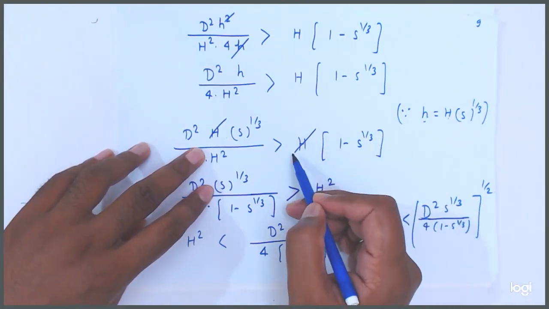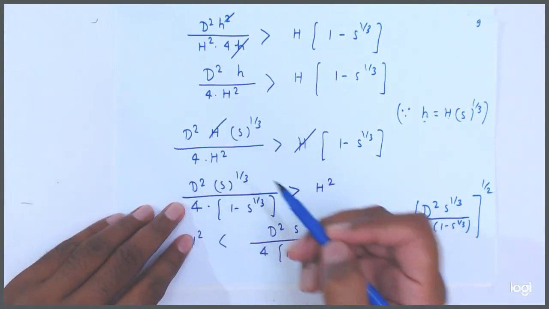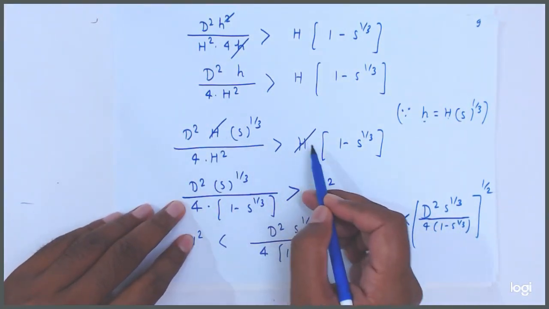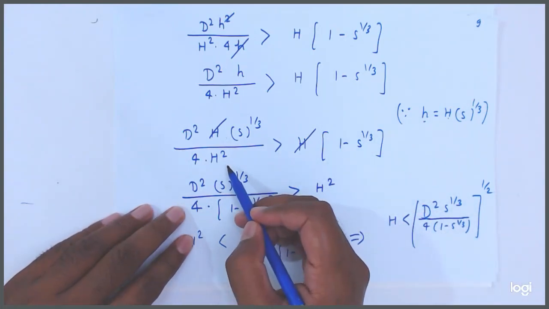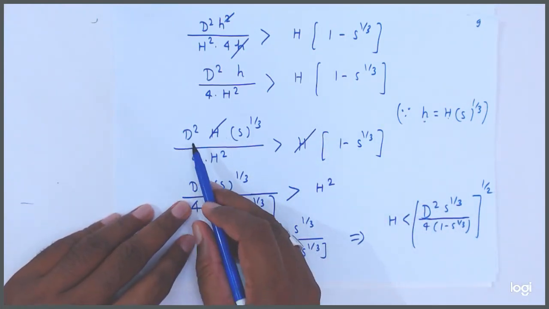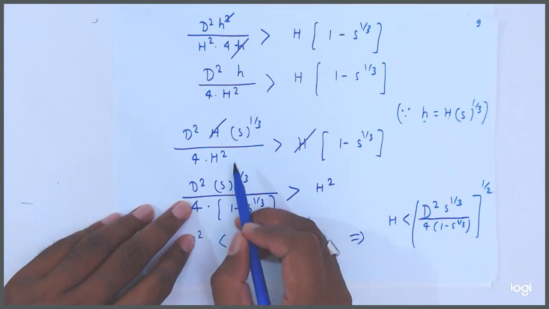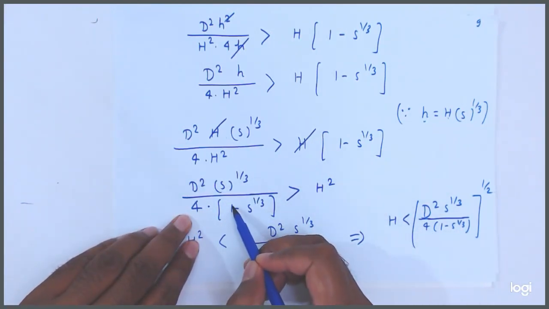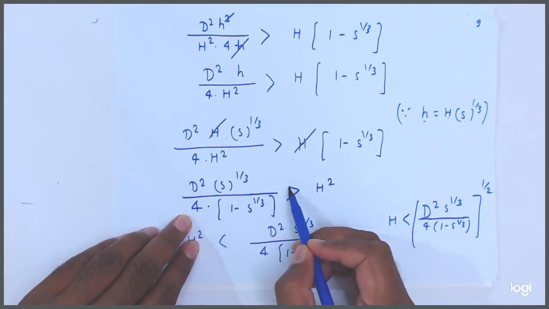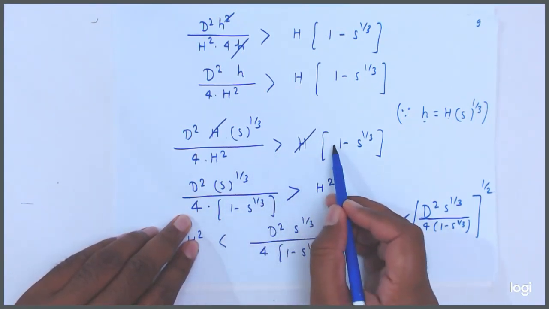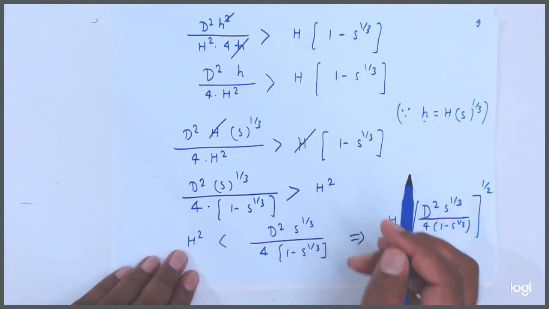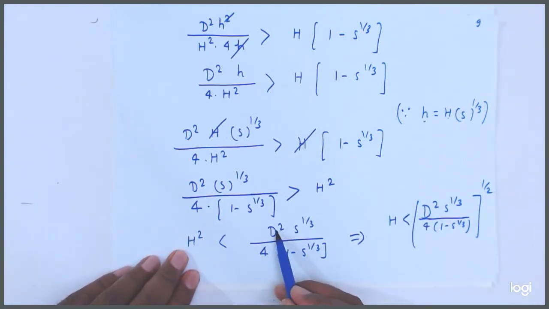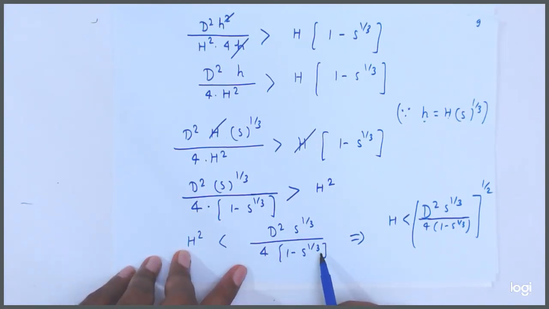Okay, so from here h to h cancel out. This term will go this side and this term will go this side. So what is left here, friends? D square, s to the power 1 by 3, upon 4. This term will go this side, so 1 minus s to the power 1 by 3 should be greater than, this term will go this side, so h square should be less than d square s to the power 1 by 3 upon 4 into 1 minus s to the power 1 by 3.